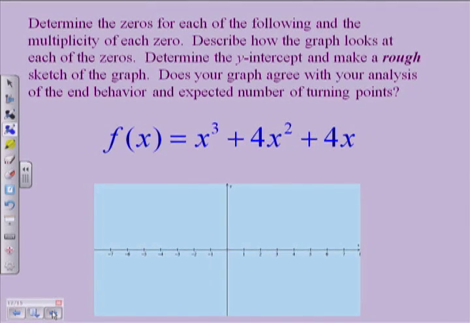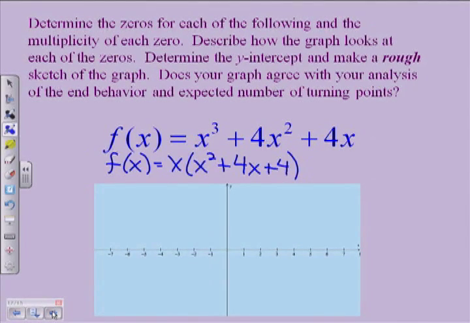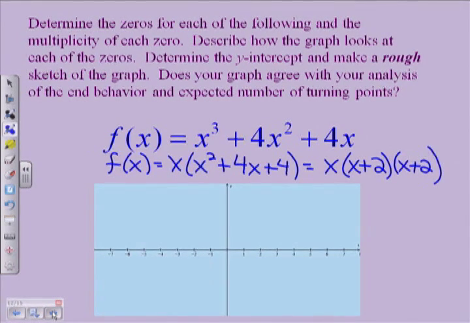The best thing to do is, let's see if we can factor this. A lot of times they're already given to you in factored form, but if not, you will have to factor. So it's x cubed plus 4x squared plus 4x. I took the greatest common factor out, so it's x times (x squared plus 4x plus 4), and now this will nicely factor, and I have x times (x plus 2) times (x plus 2). If you want, you could even say that this is x times (x plus 2) quantity squared.